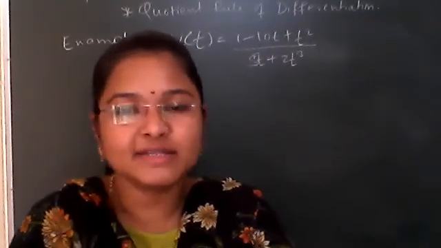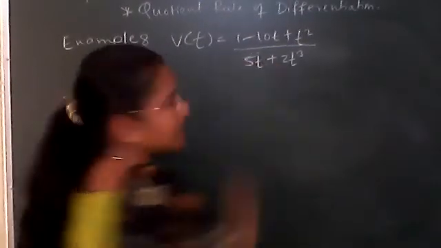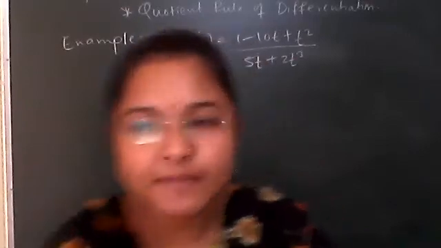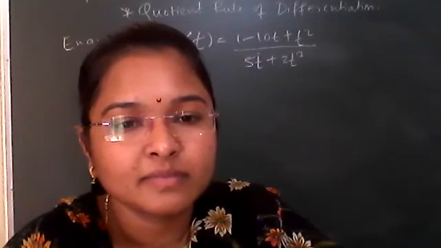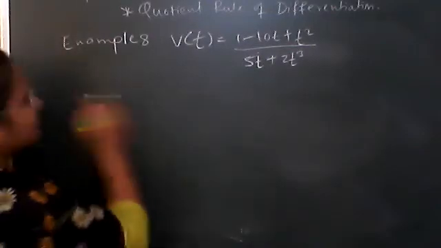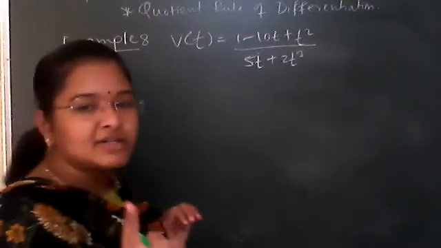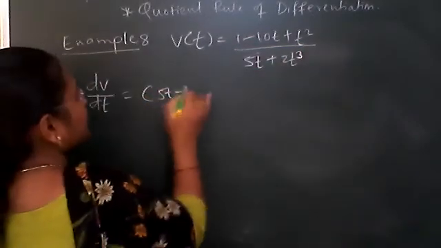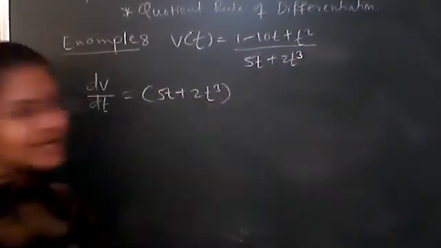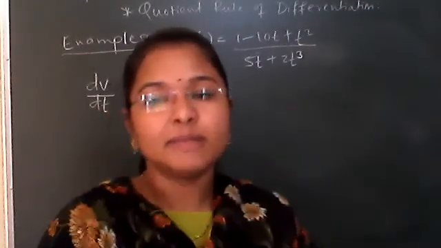So what is the differentiation? dv by dt equals second function as it is, that is 5t plus 2t cube, times the derivative of the first function. What is the derivative of the first function? Minus 10 plus 2t.